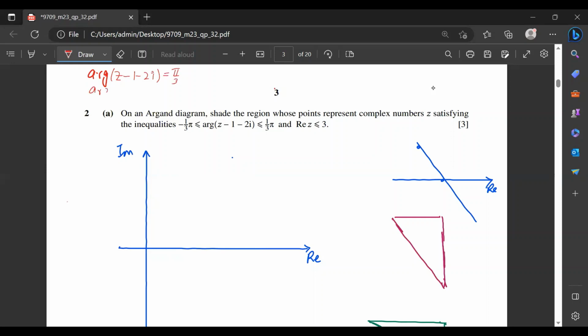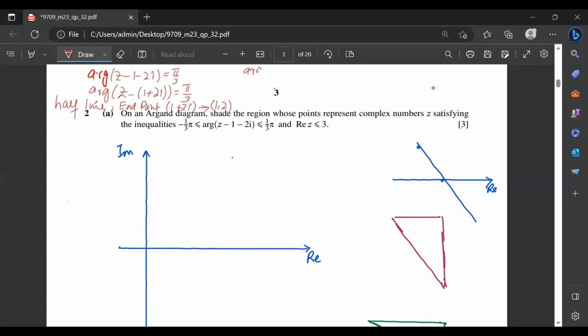This is actually argument of (z minus (1 plus 2i)) equals pi over 3. And yes, this is a half line. What is the end point of the half line? 1 plus 2i is the end point, or for convenience, you can write (1, 2) is the end point, and pi over 3 is the argument.